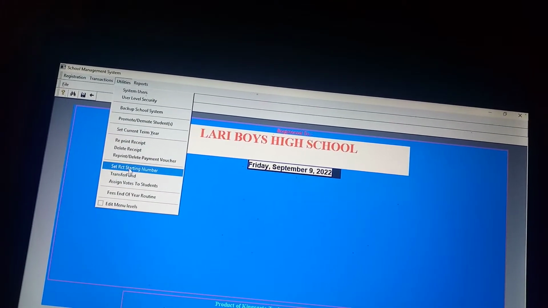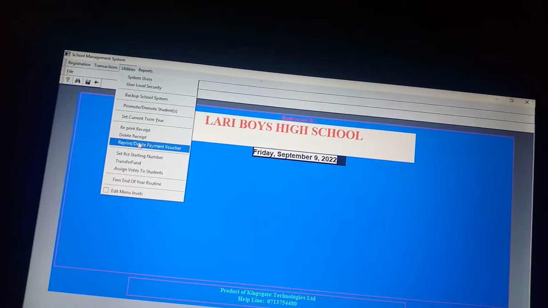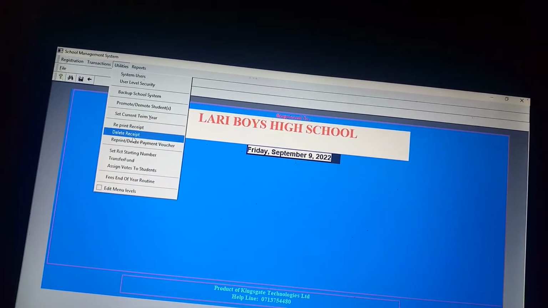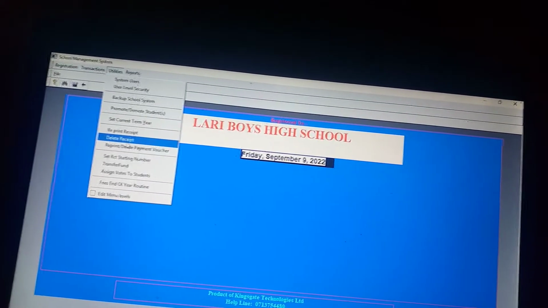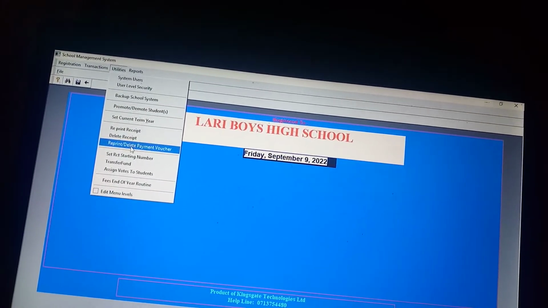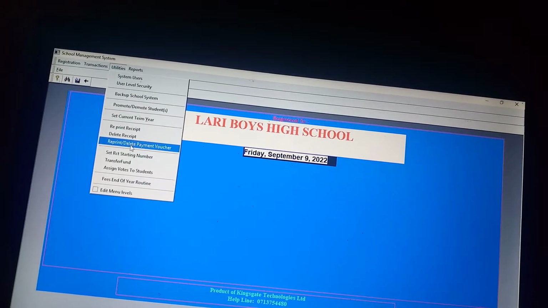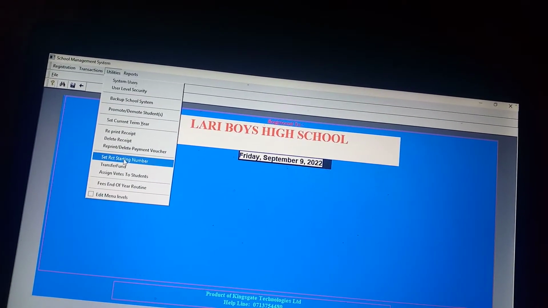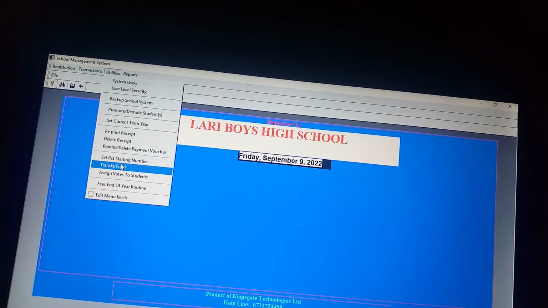So you are able to reprint the receipt. You are able to delete a receipt. Maybe you have made an error in receipting, you can delete that receipt comfortably. You can also delete or reprint a payment voucher. You can set the receipt number where you want to start from.